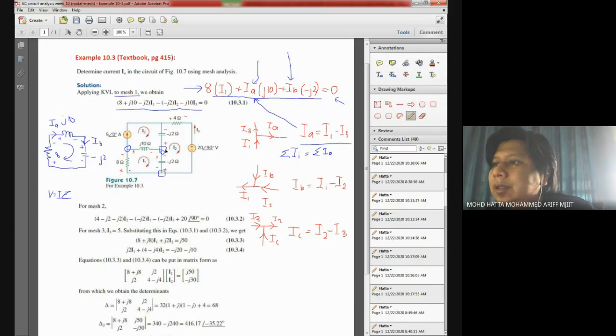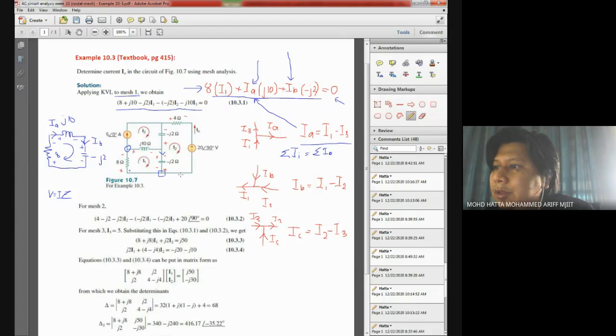So I think this one is not suitable, and this is more suitable, because at this node, this is the junction, I have IB that I want, and I1 flowing out from that node, and I2 coming into the node, because this is definitely I2 and this is definitely I1.